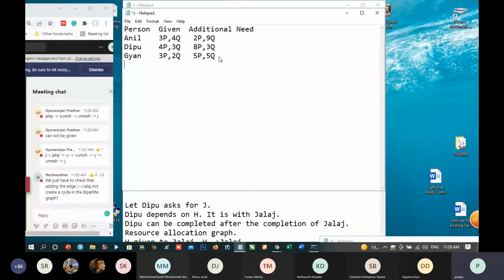How many minimum P and Q are needed at present to complete above? Give this answer.